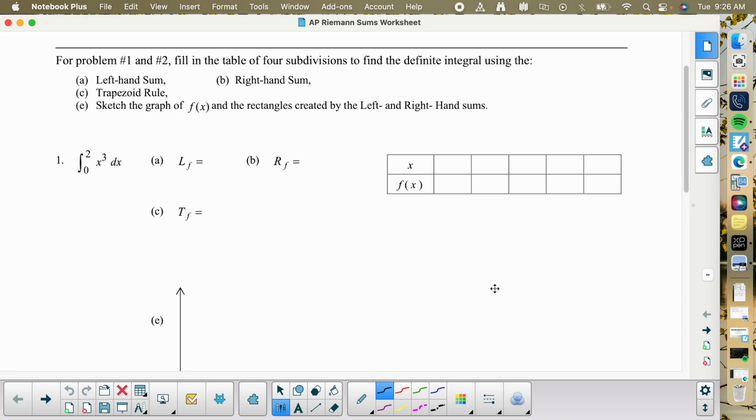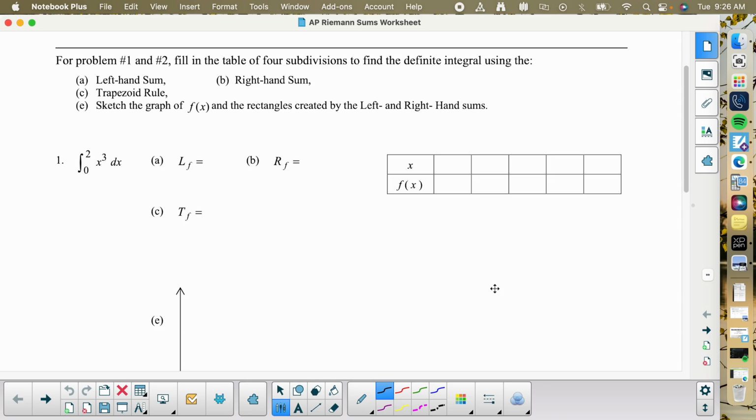First thing is it says there's going to be 4 intervals. Matt, if there's going to be 4 intervals, how do we figure out how wide each one is? 2 divided by 4. Okay, good. And I'm assuming you're getting the 2 from right there. Yep. Over on the left.